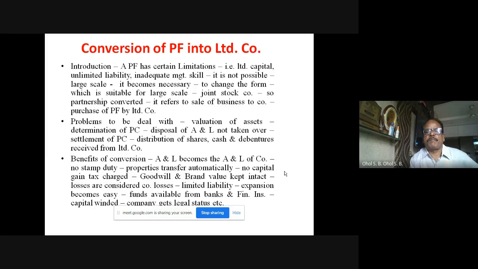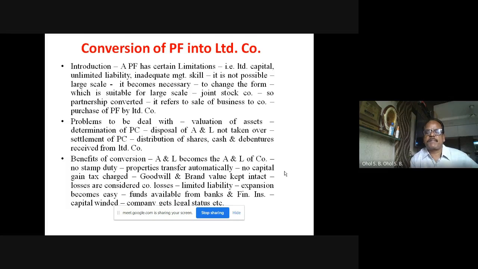Then, funds are available from banks and financial institutions. In the case of a partnership firm, banks and financial institutions do not provide that many loans or capital funds. But when the partnership firm is converted into a limited company, banks, financial institutions and many other private money lenders easily make finance available to the limited company.